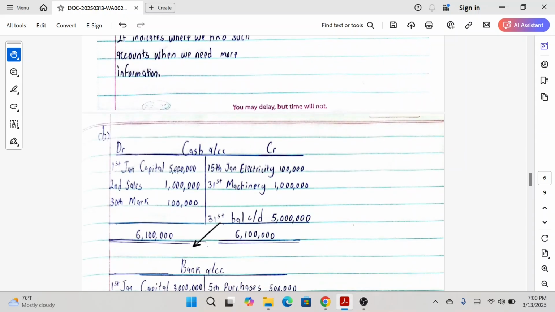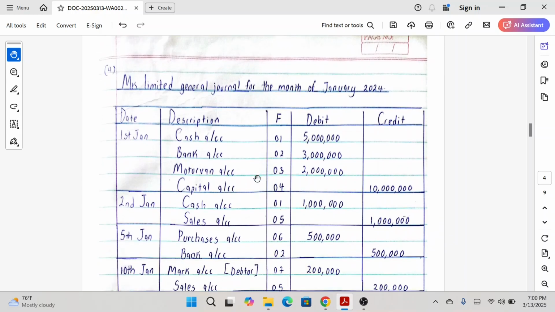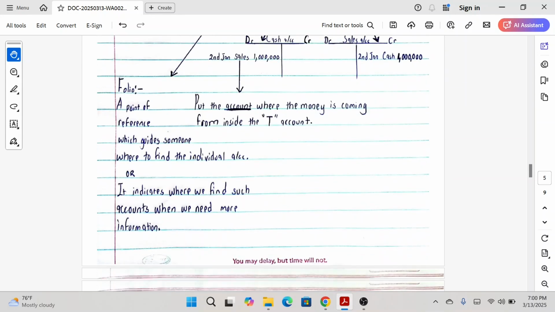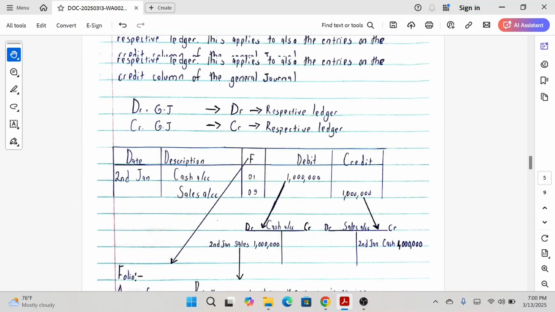First Jan, you put there 5 million. Then you go to another one. We also have number 1 here. Debit side, the money is coming from sales. So you go to sales. Second, sales 1 million.